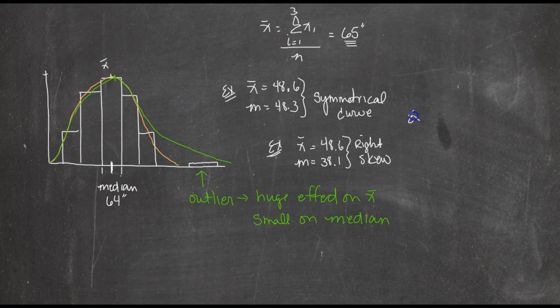And similarly, might as well just make all three examples. X bar is something like 8.6 and the median is 10.